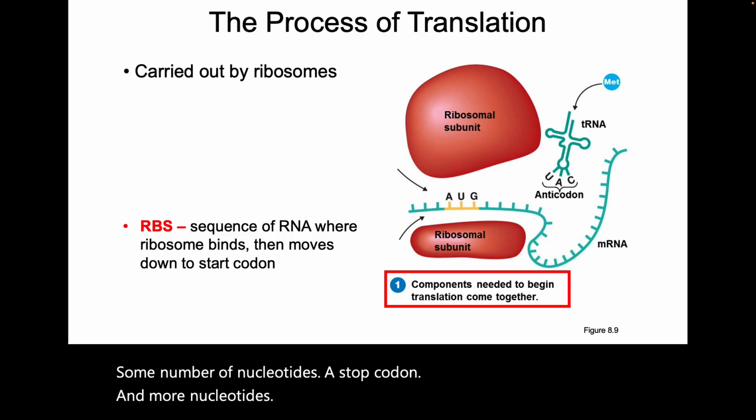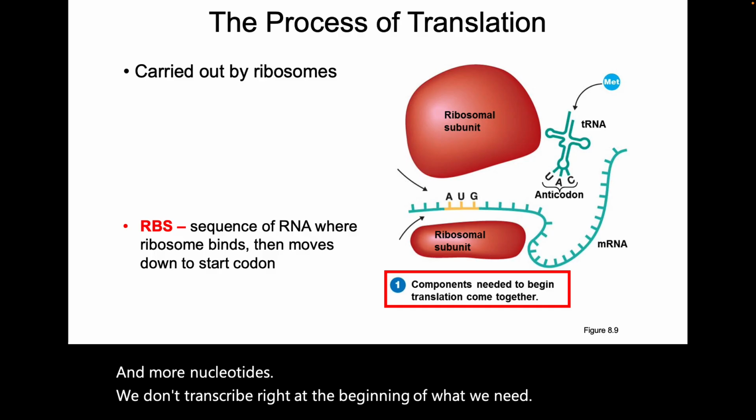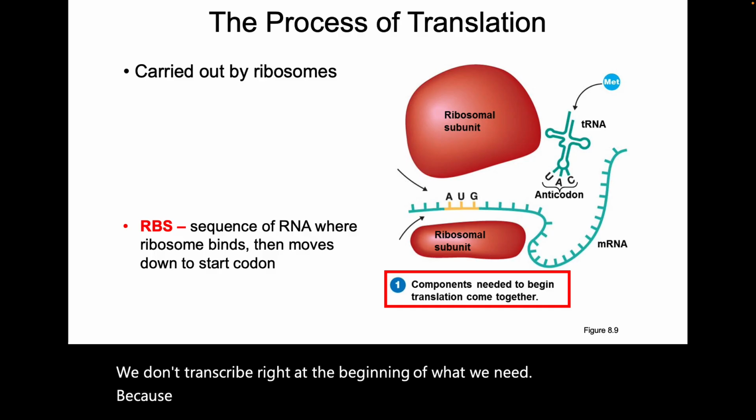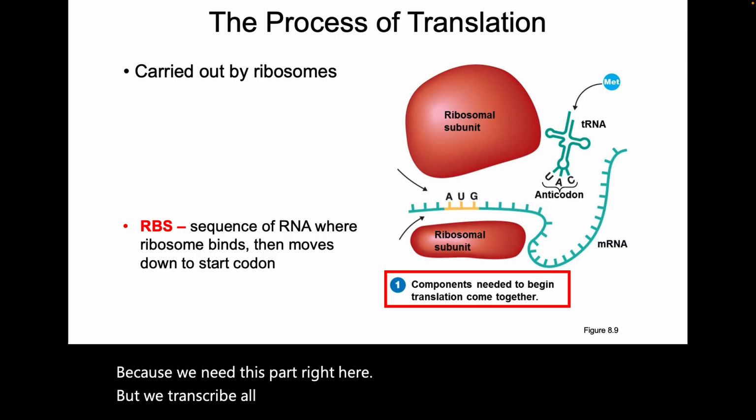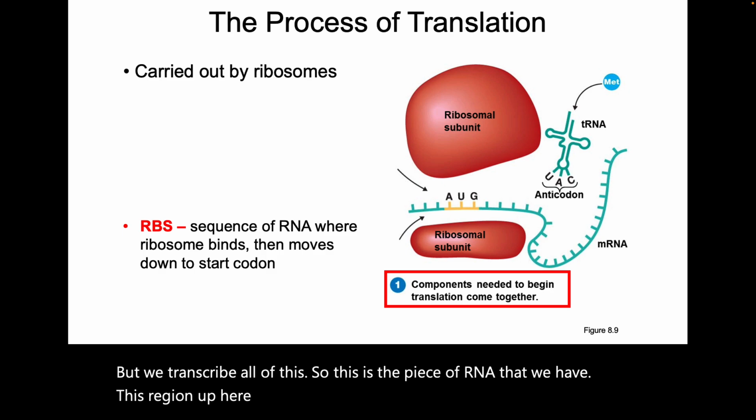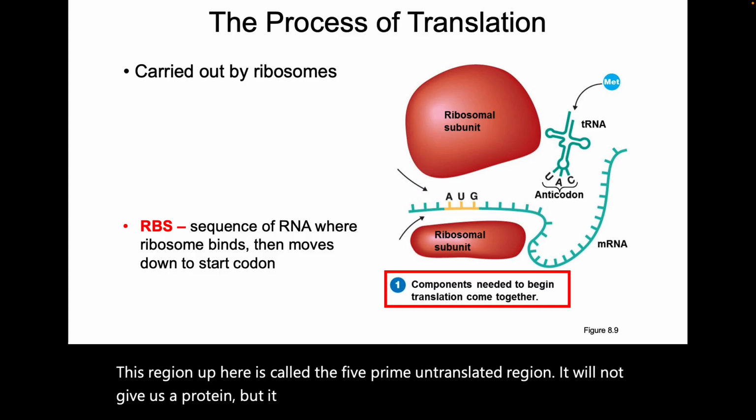We don't transcribe right at the beginning of what we need, because we need this part right here. But we transcribe all of this. So this is the piece of RNA that we have. This region up here is called the 5' untranslated region. It will not give us a protein, but it does exist as part of the RNA.